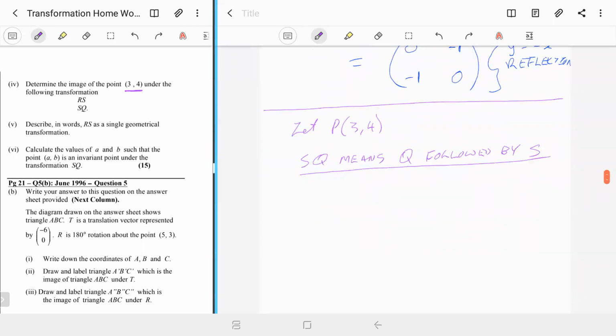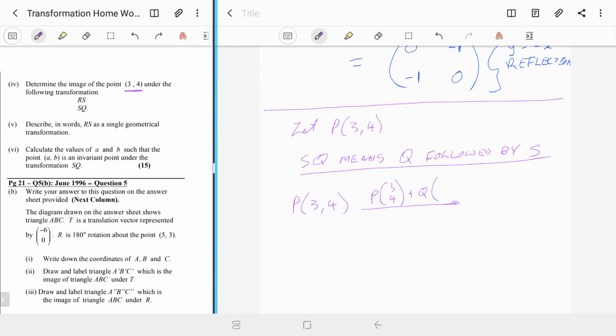Starting with the P, which is 3, 4, I'm going to apply the Q first. Remember the Q is a translation. So to the point P, which is 3, 4, add the Q matrix. That's how translation works.